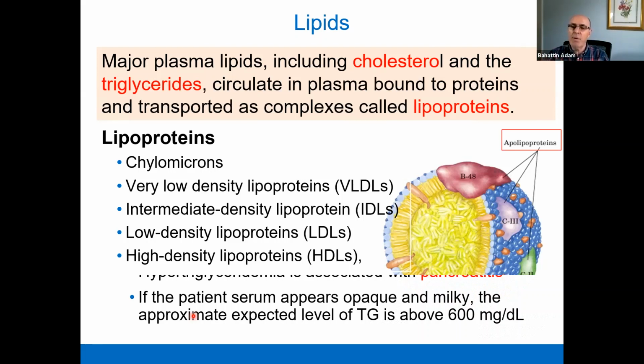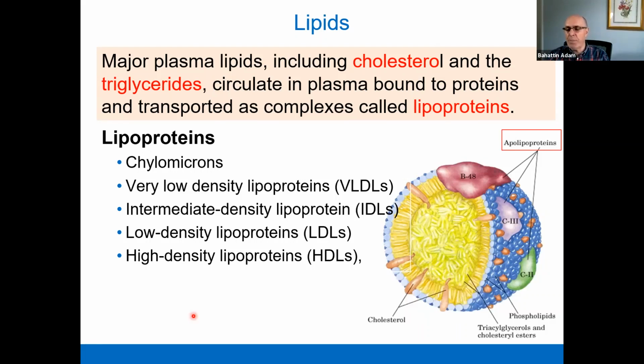Therefore our body packs these lipids as lipoproteins.